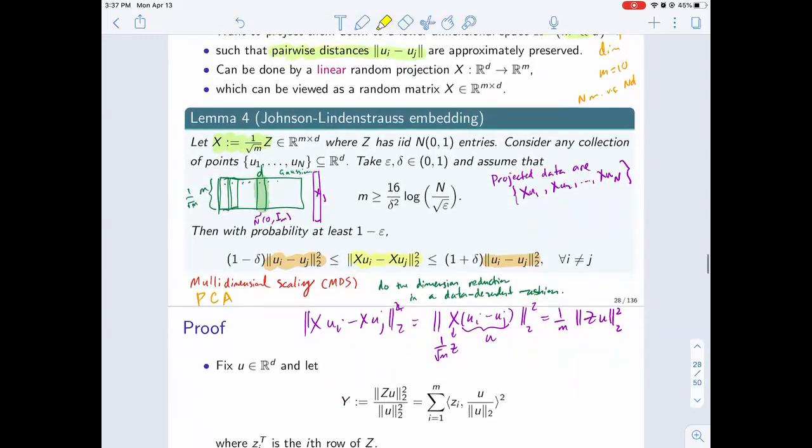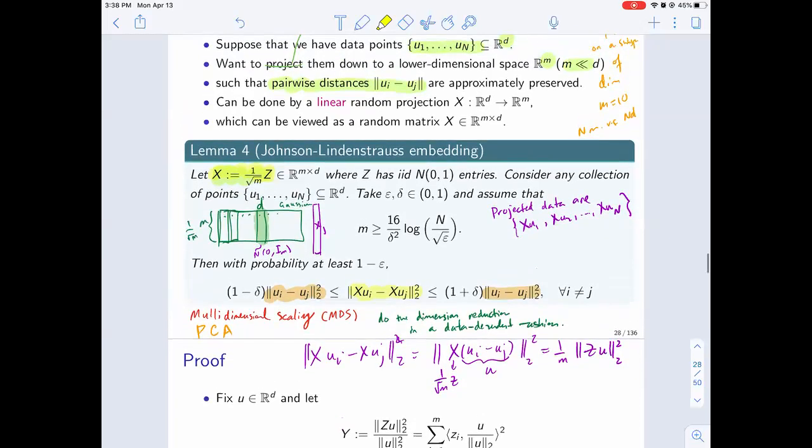I guess that might be one of the homework problems. So you take the matrix M by D. The entries are IID, and you normalize it by 1 over root M. This acts like a projection. It's not a projection, but it acts like an approximate identity. It's mapping from R^D to R^M.